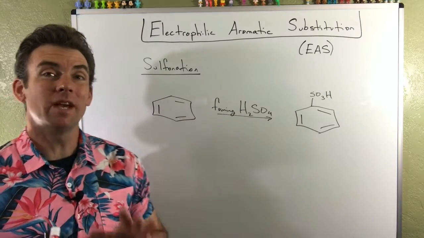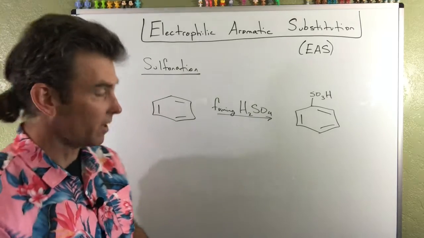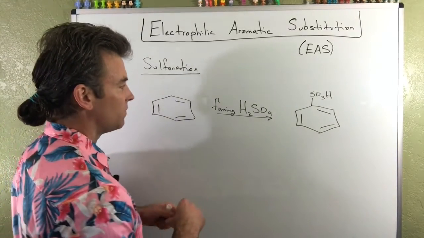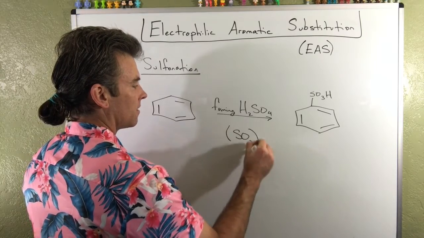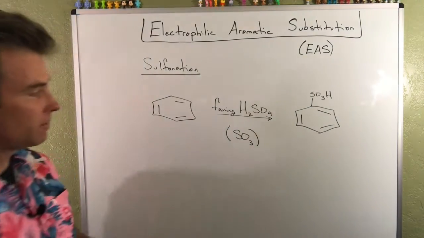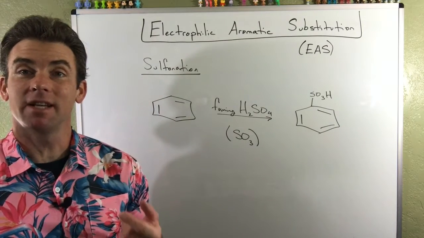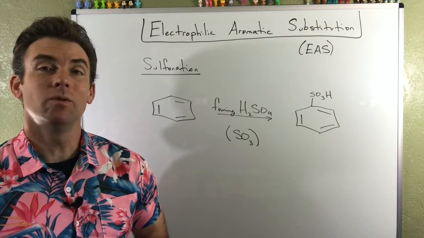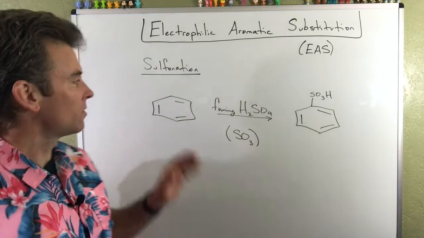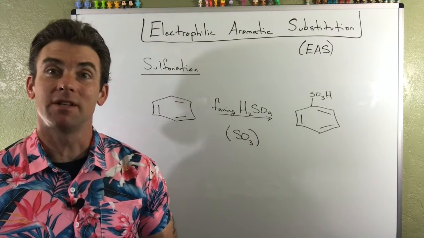All that fuming H2SO4 does, which may help you with your mechanism a little bit, is that the reason it's fuming is that there's a gas in there, SO3. So try to figure out the mechanism for this. Remember your protonation step and all those other steps that we talked about. Soon we will be talking about what happens when we're not starting with just a simple benzene, but instead have some sort of substituent on there.